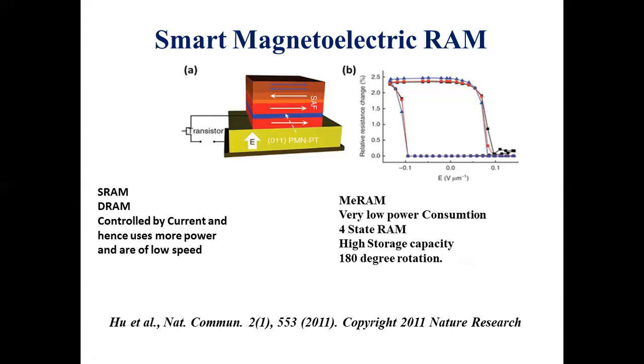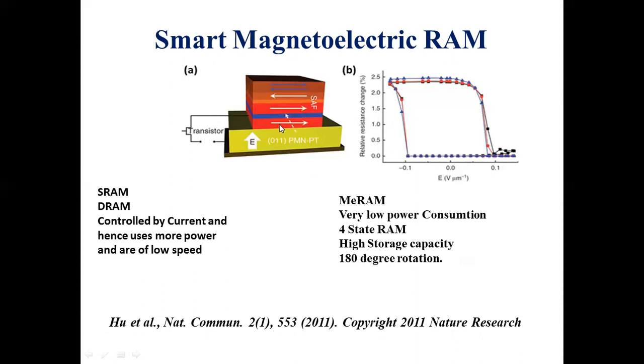And 180-degree rotation. That means the information stored in the RAMs is rotated through 180 degrees. This is necessary for reading out or storage of the information.